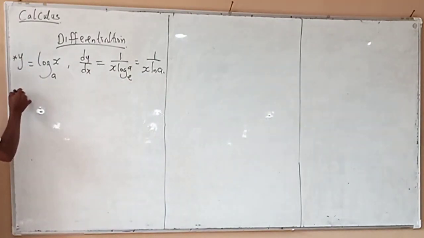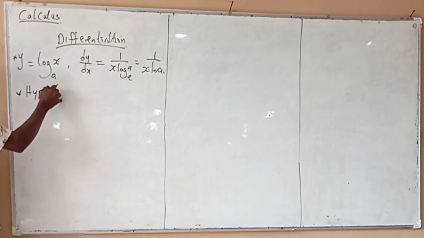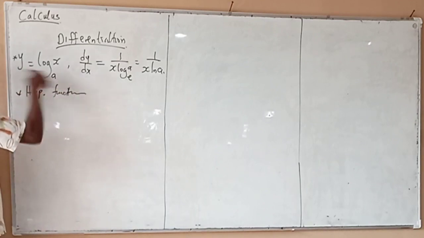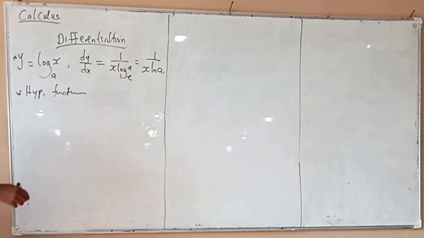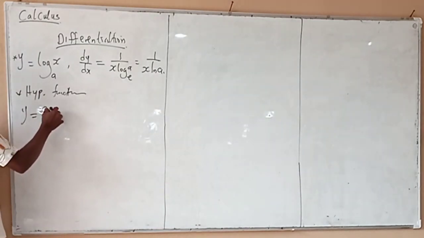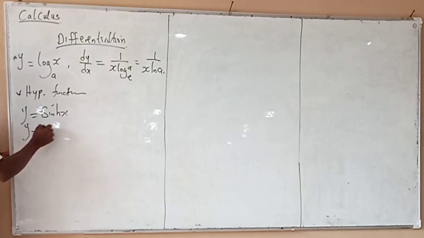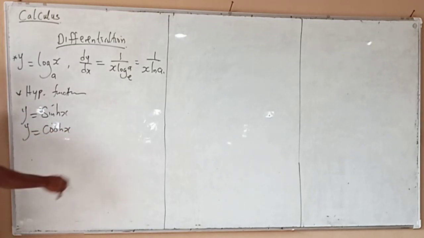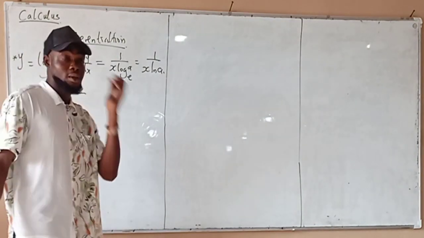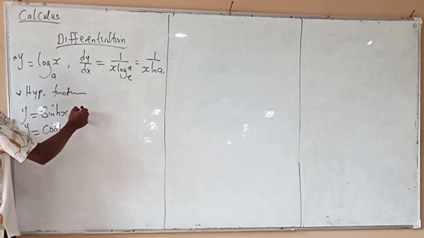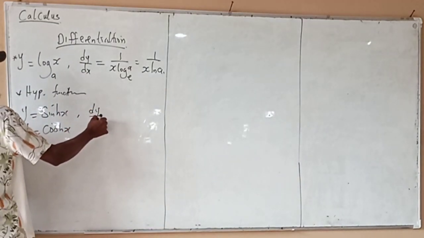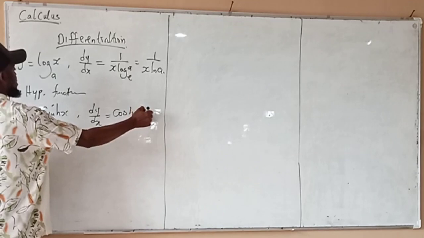Now let's look at hyperbolic functions. Let's say we have y is equal to sin x, y is equal to cos x, and y is equal to tan x, and so on. If you differentiate this, we will have cos x.